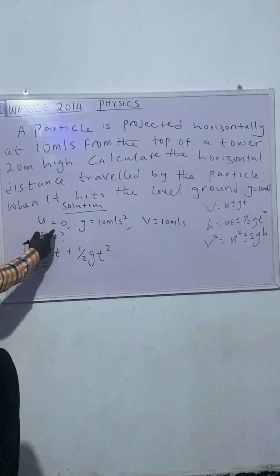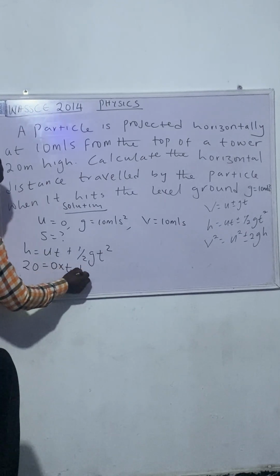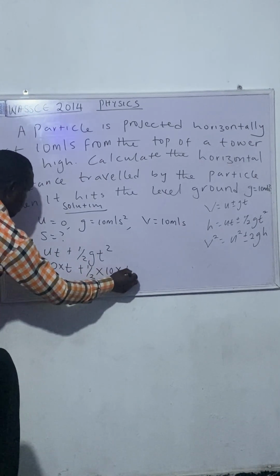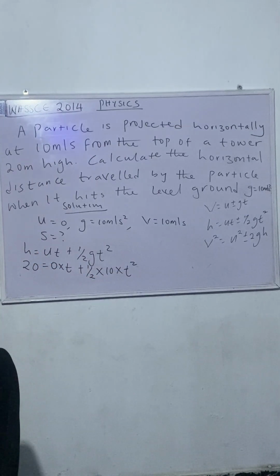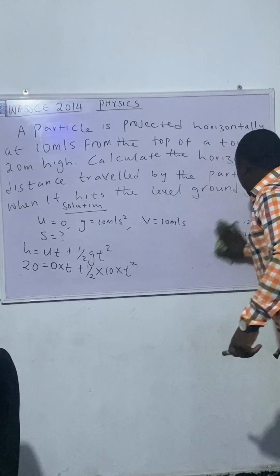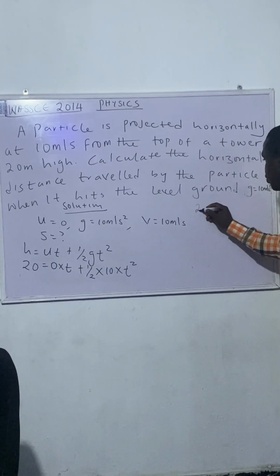And then I said the initial velocity is 0. So you have 0 times t plus half times 10 times t squared. Okay, so I'm sure that's clear.